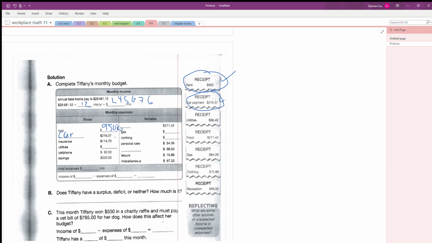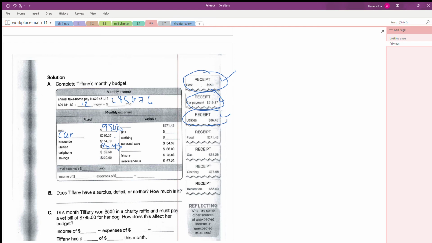Those are zeros. All right, utilities, $86.45. Again, that's a recurring fixed expense. So utilities here, and there's a blank there, so $86.45. And that's done.